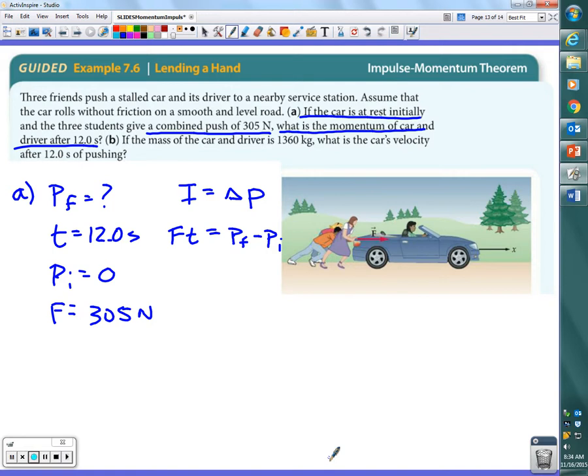All right. We know that the initial momentum of this car is what? 0, so this term just goes away, right? And the final momentum of the car is going to be equal to the impulse that is provided to it. Impulse is just force times time, right?